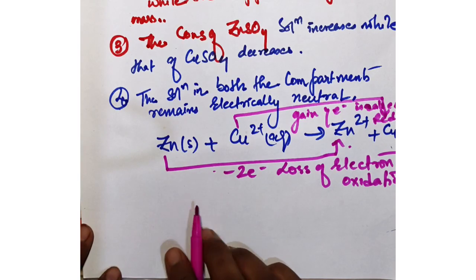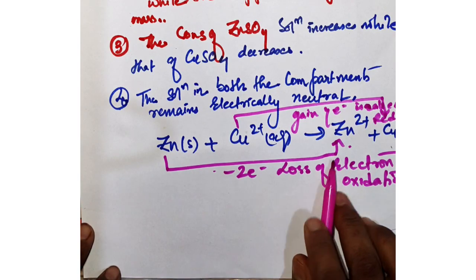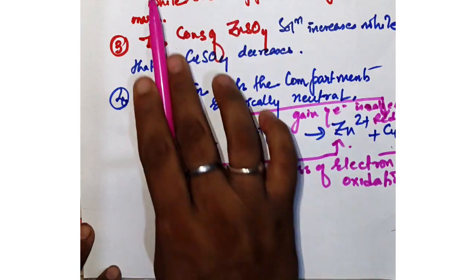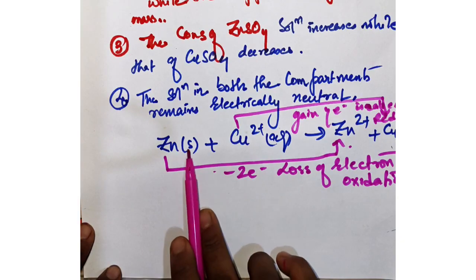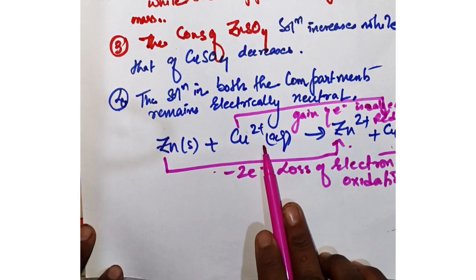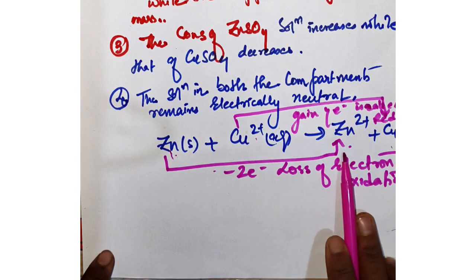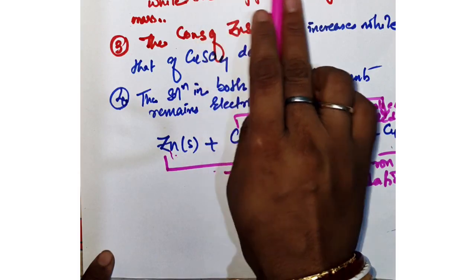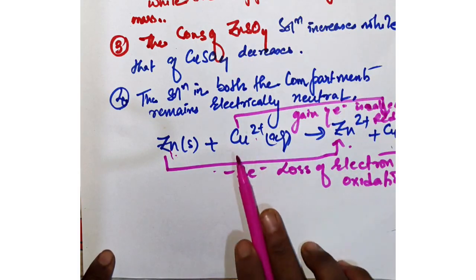So here basically zinc is losing electrons, and the electrons pass from zinc to copper. The electricity passes from positive to negative.